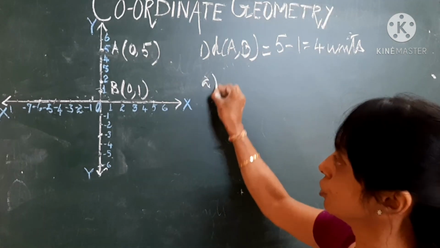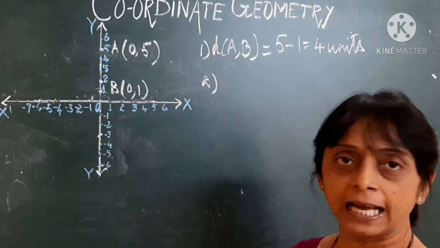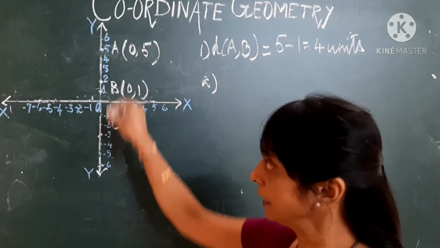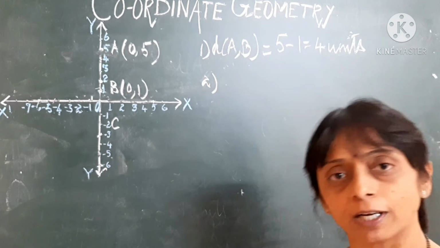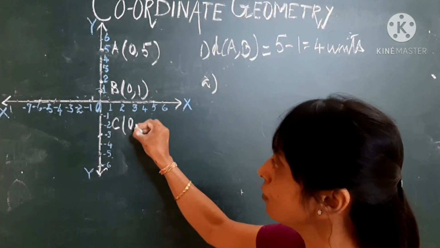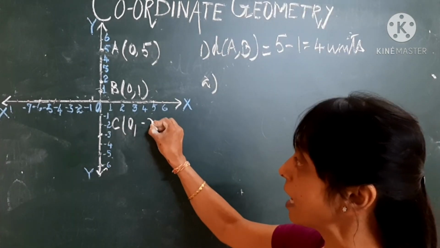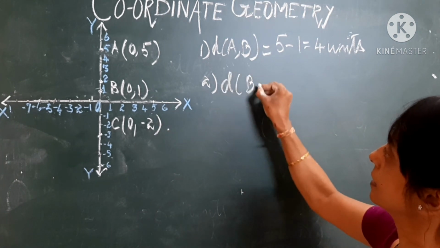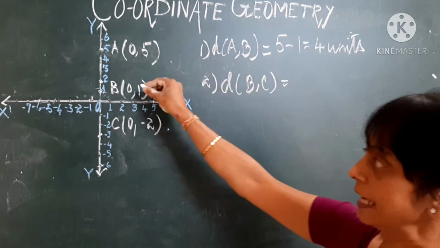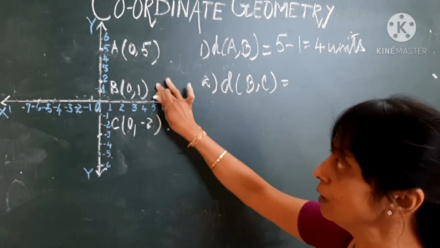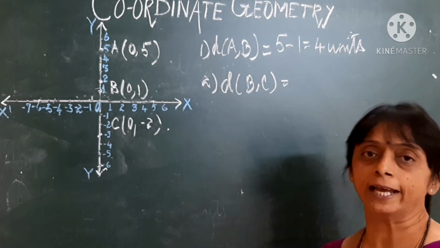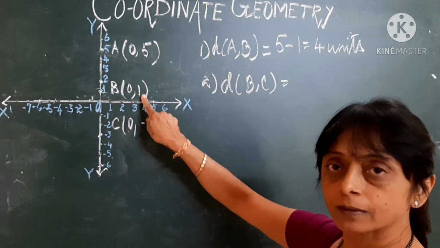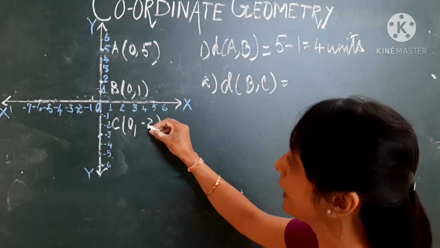Let's take one more, children. Again, point B, I'll take it as it is. Let me take another point C. It is positioned on the y-axis. So again, x-coordinate is 0 and y-coordinate is now minus 2. So let's find out distance BC. As x-coordinates are 0, let's only concentrate on the y-coordinates. Again, y-coordinate of B is 1, y-coordinate of C is minus 2.